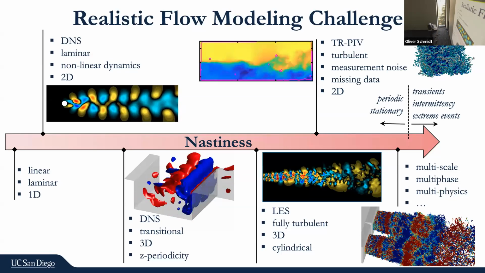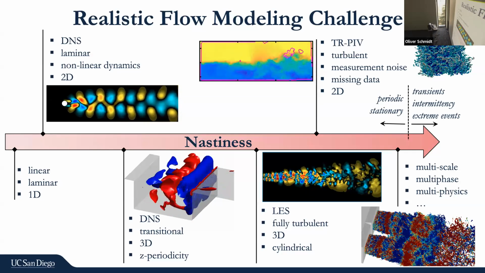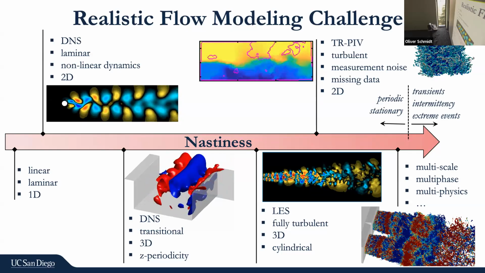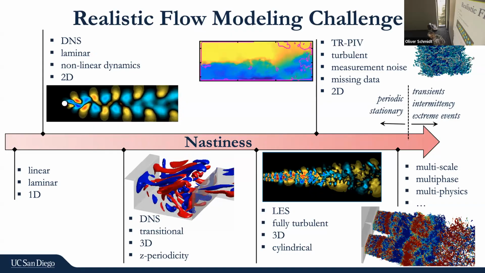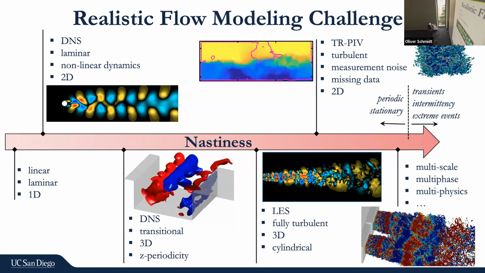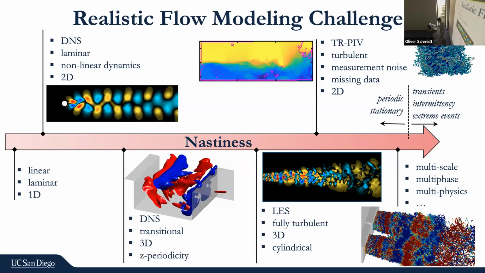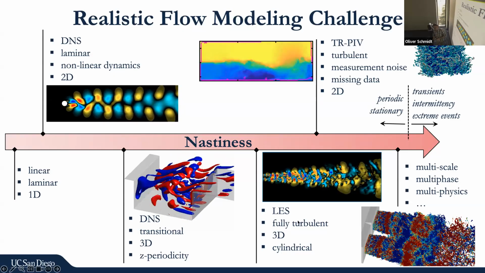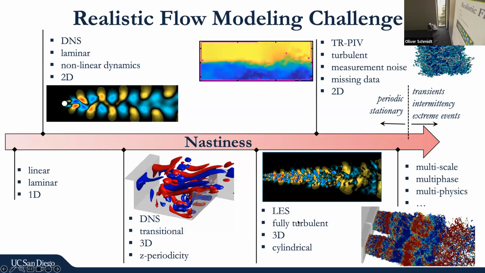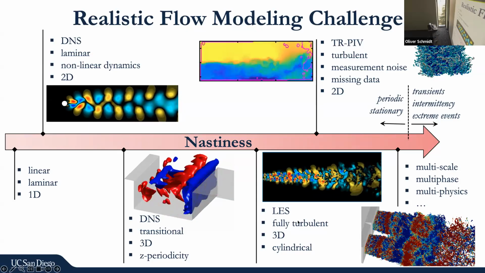And then the data gets messy. This is experimental data, time-resolved PIV, so that has gaps and a high signal-to-noise ratio, and so on. And then this last one that I forgot to animate is again a clean simulation, but it's 3-dimensional and fully turbulent, but it's cylindrical, so there's some symmetry in it.